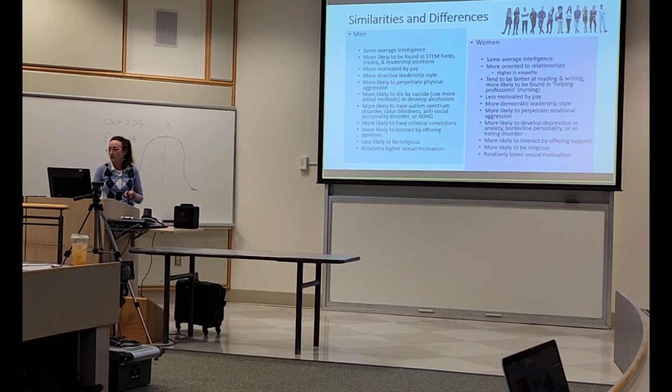Women tend to have more supportive or democratic styles as leaders, be less motivated by pay, more likely to be religious, more likely to perpetrate relational aggression, like gossip and rumor spreading kind of bullying. And there are certain psychological disorders that occur more often in women: mood disorders, attachment disorders, eating disorders.